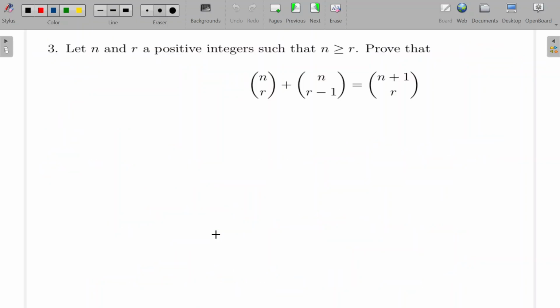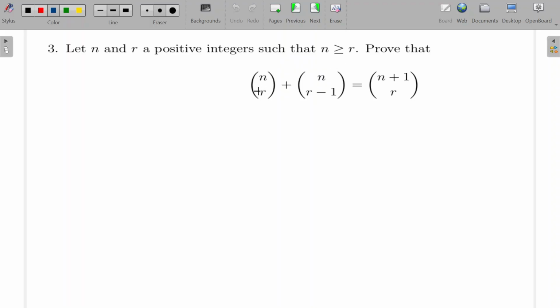Okay. So we have another question. That's actually what you were just asking. I'm sure you're going to see it here. Question 3 is asking us to let n and r be positive integers such that n is greater than r.